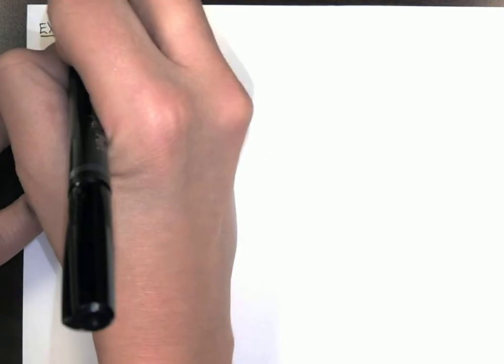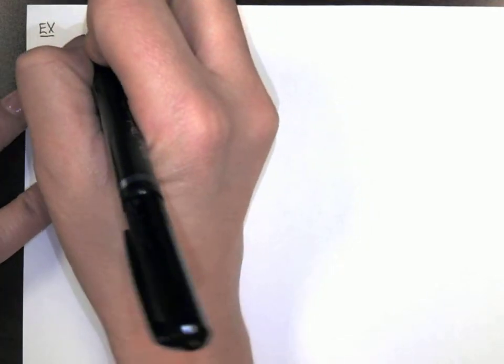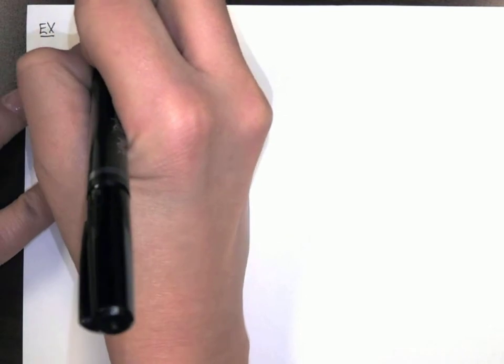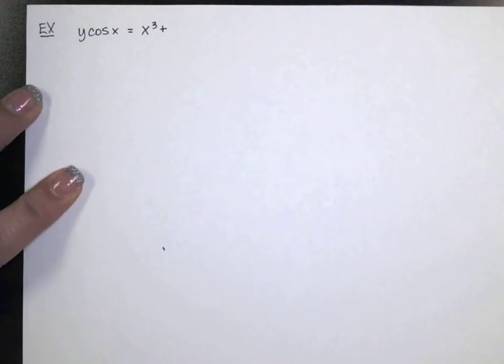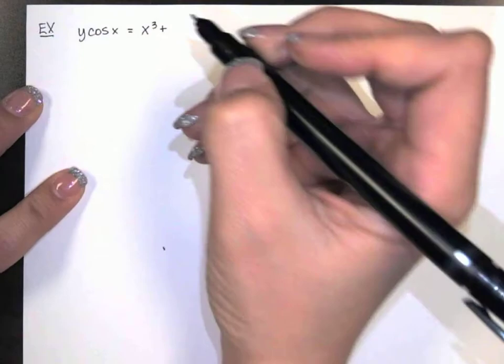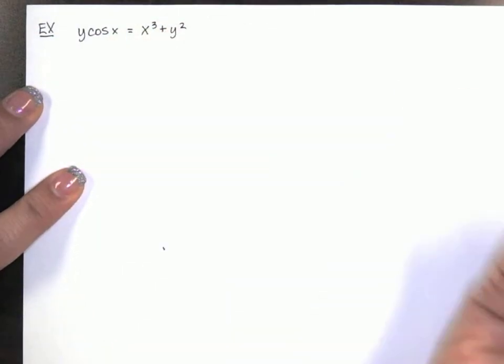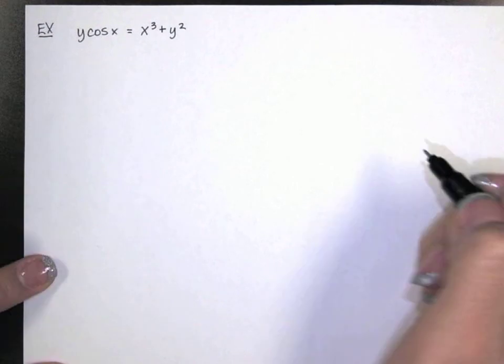So let's say we've got y times cosine of x equals x cubed plus y squared. And we want to find dy/dx.